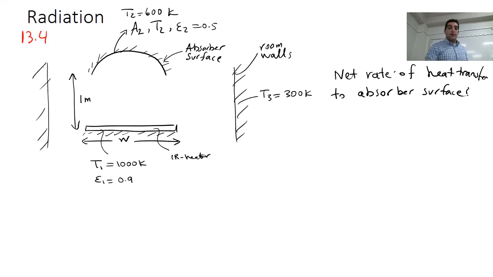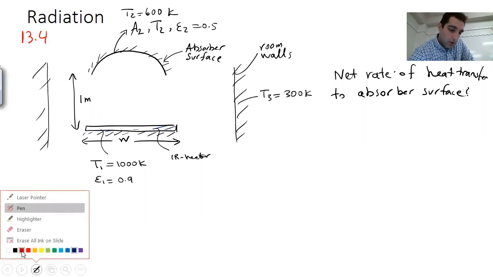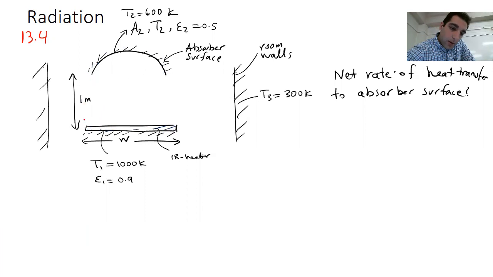To simplify, this is not an enclosure, right? I have one surface here, another here, and everything else is the walls of the room. And now, to make this an enclosure, probably I can show it in red. I'm going to close this. Those are supposed to be exactly on top of each other.